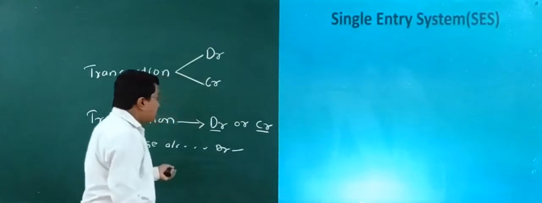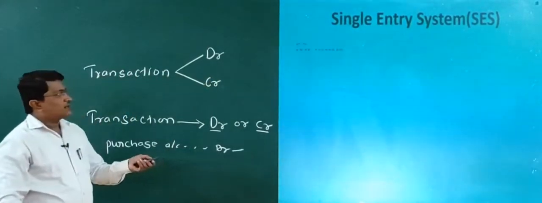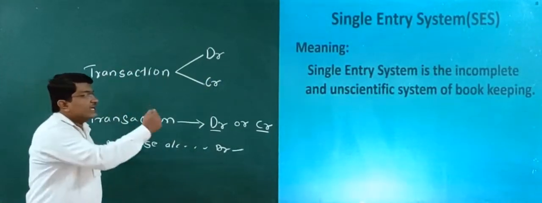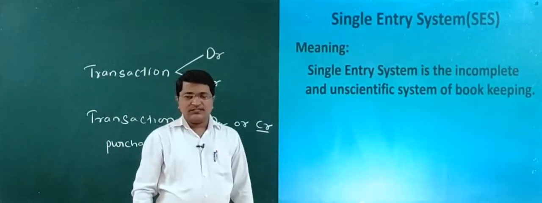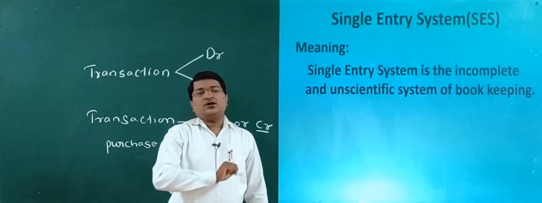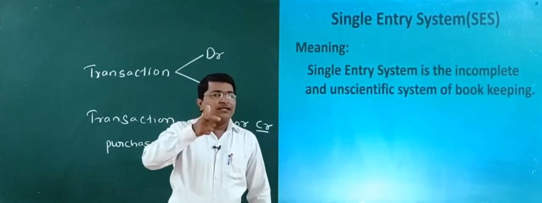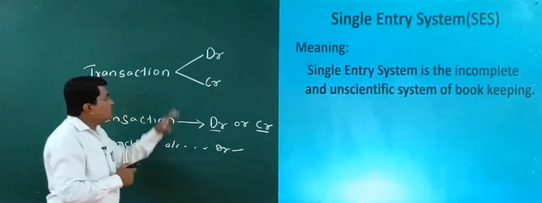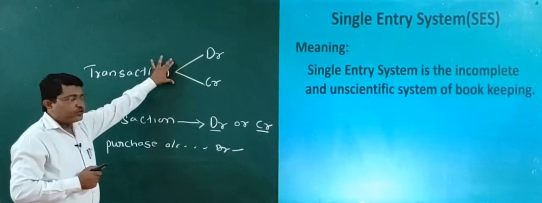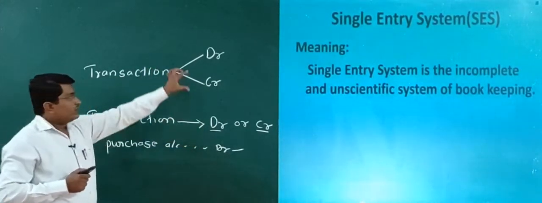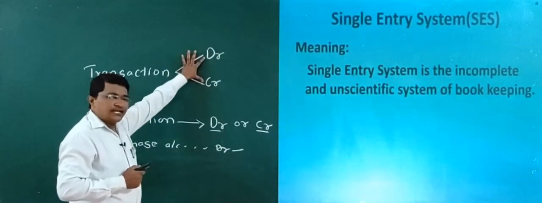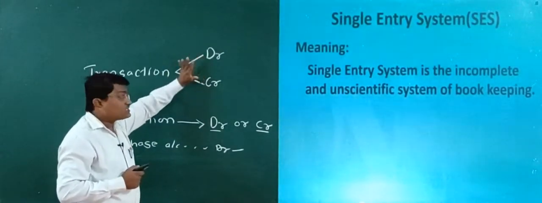Now I go for the meaning. Single entry system is incomplete. Why am I using incomplete? Because when you pass two entries for one transaction, then it is complete.